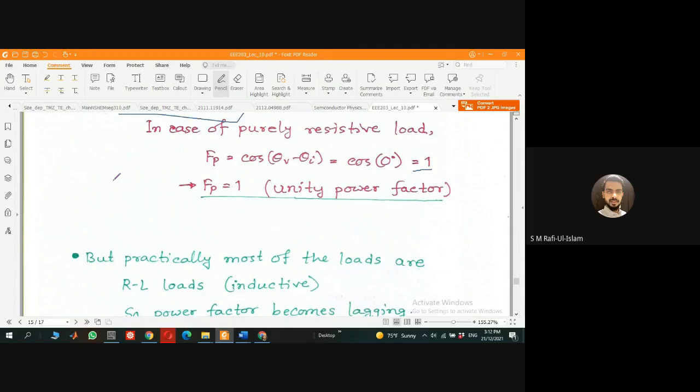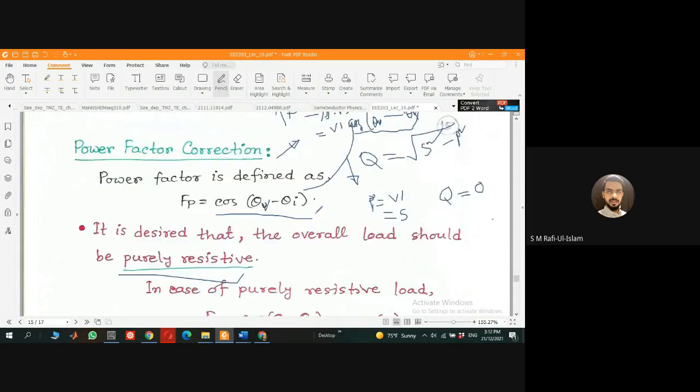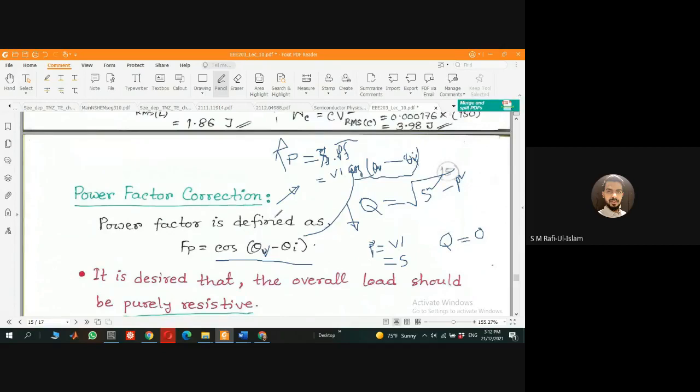If I have an inductive load and we want to improve the power factor, we must add a capacitor there so that these two will cancel out, because my target is to remove the reactive part. Purely resistive means the reactive part is 0. So how would you make the reactive part 0?